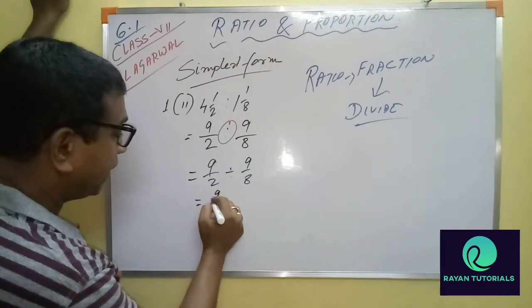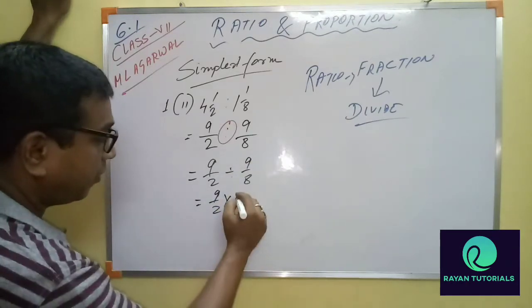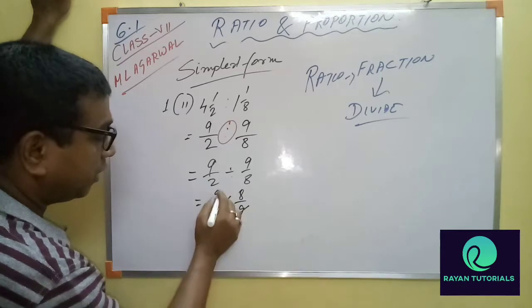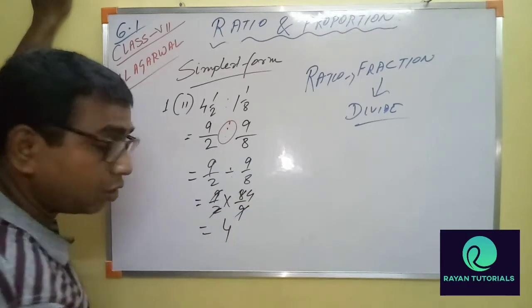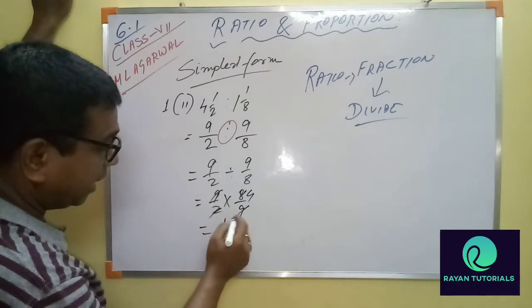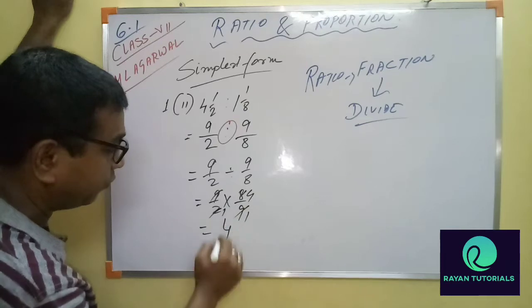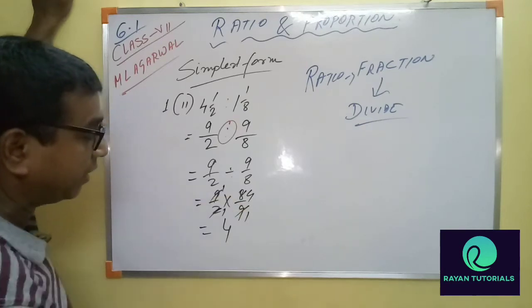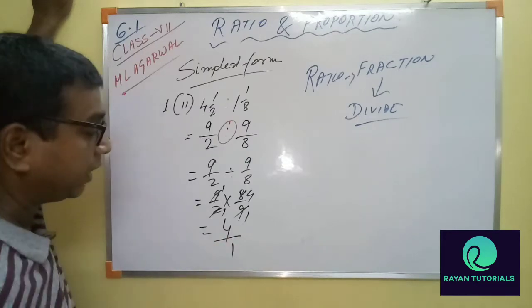Now when you are dividing, this becomes the reciprocal. 9, 9 cancels. 2 ones are 2, 2 fours are 8. 9 ones are 9, 9 ones are 9. So 4 into 1 is 4, 1 into 1 is 1.